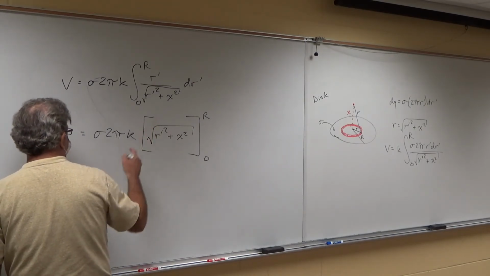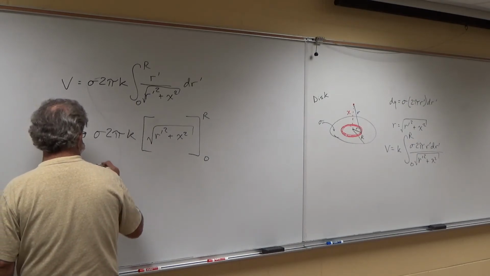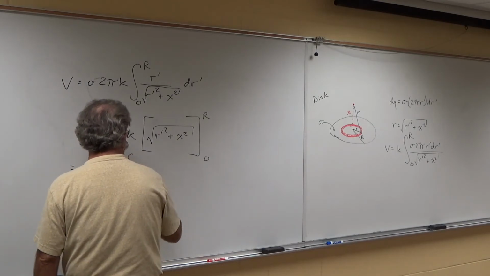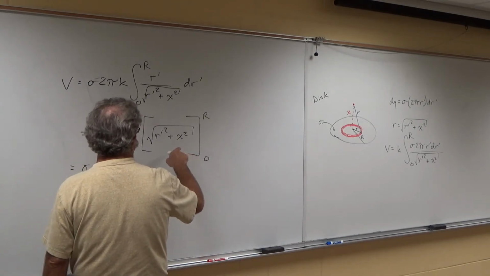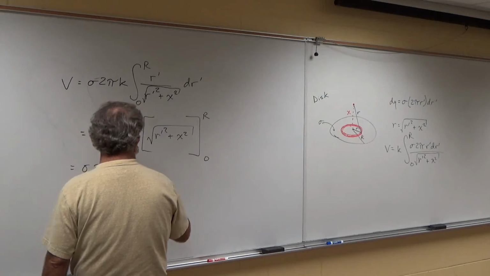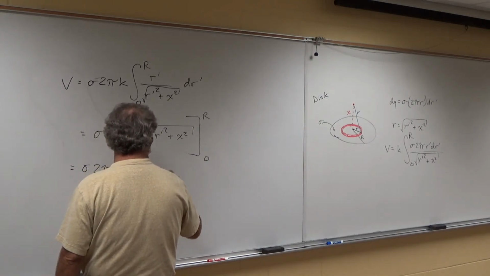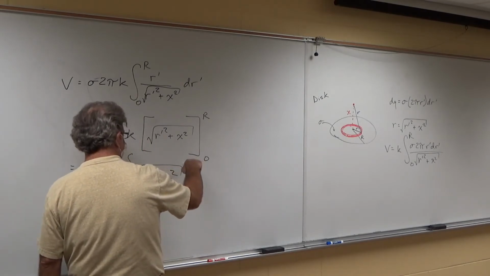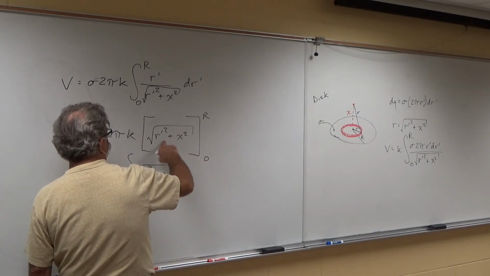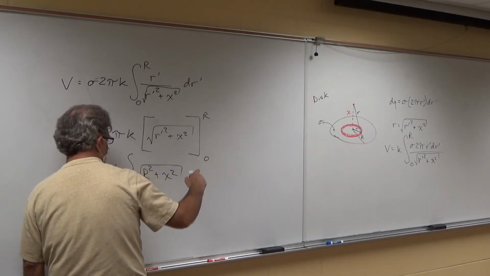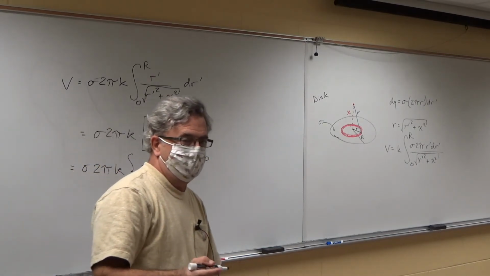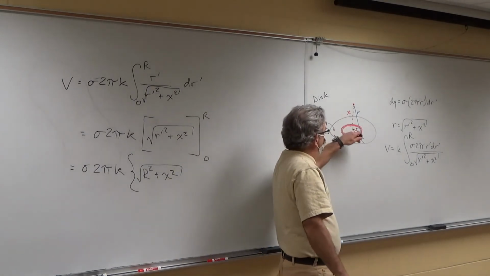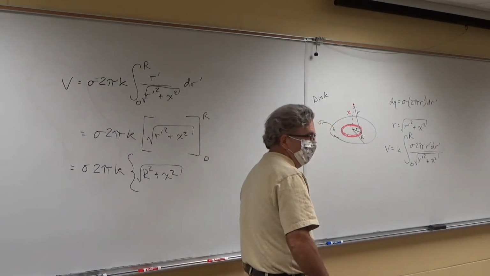So we'll plug in the limits of integration. You get sigma 2 pi k. For the upper limit, that becomes the square root of R squared plus x squared. For the lower limit, you get the square root of x squared, which is the absolute value of x. But for the way I've got it set up, I'm not worried about the absolute value.